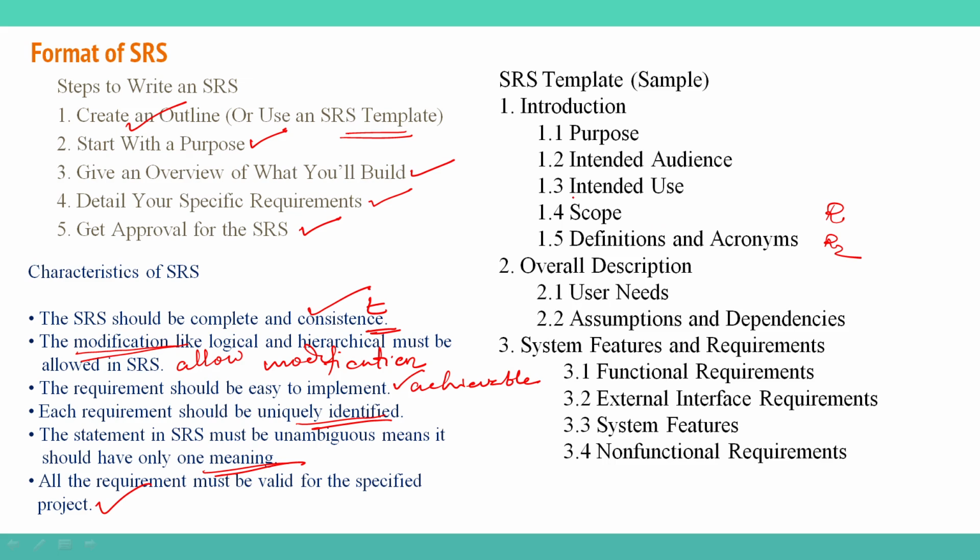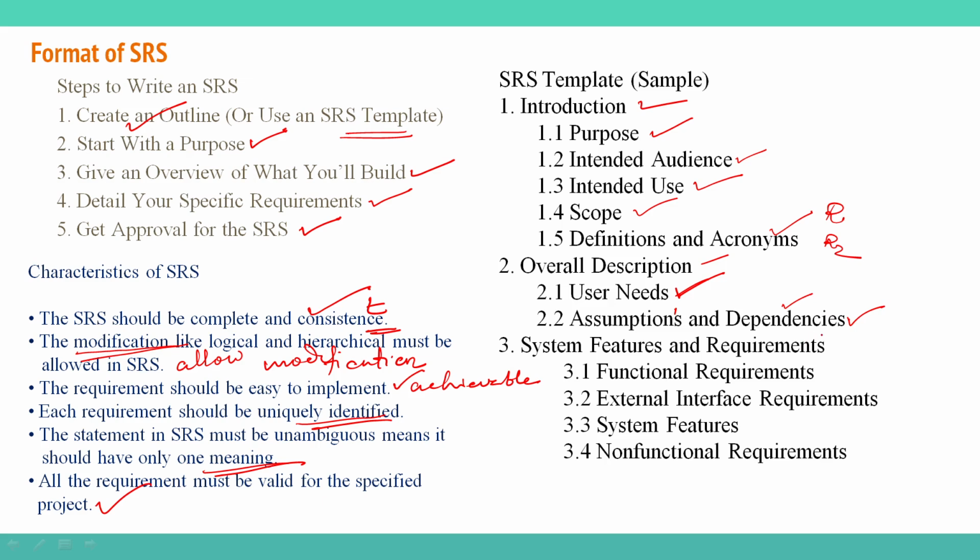This is a sample template of the SRS, which says it's an introduction. It should have the purpose. Then intent, who are the intended audience, intended use, the scope of it, what are the definitions and other things you are using. Then the overall description of the system, what are the functional user needs, എന്തൊക്കെയാണ് യൂസർ പറഞ്ഞിരിക്കുന്നത്, what are the assumptions you have to take, and what are the dependencies there.